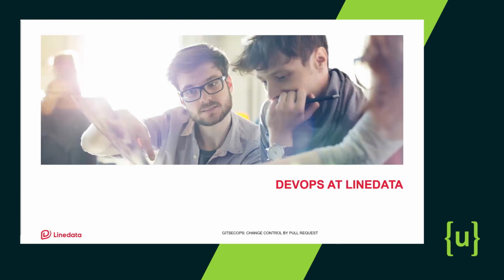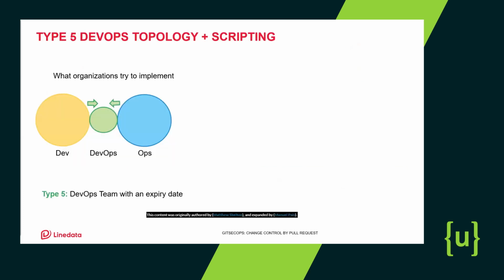DevOps at Linedata took us a little while to refine the type of team topology and culture that we wanted. A lot of organizations, when they first try to implement DevOps, more often than not, the first thing that happens is, well, we're going to create a DevOps team and we're going to give them a bunch of tools and they're going to write a bunch of automation and everybody's going to become super productive.